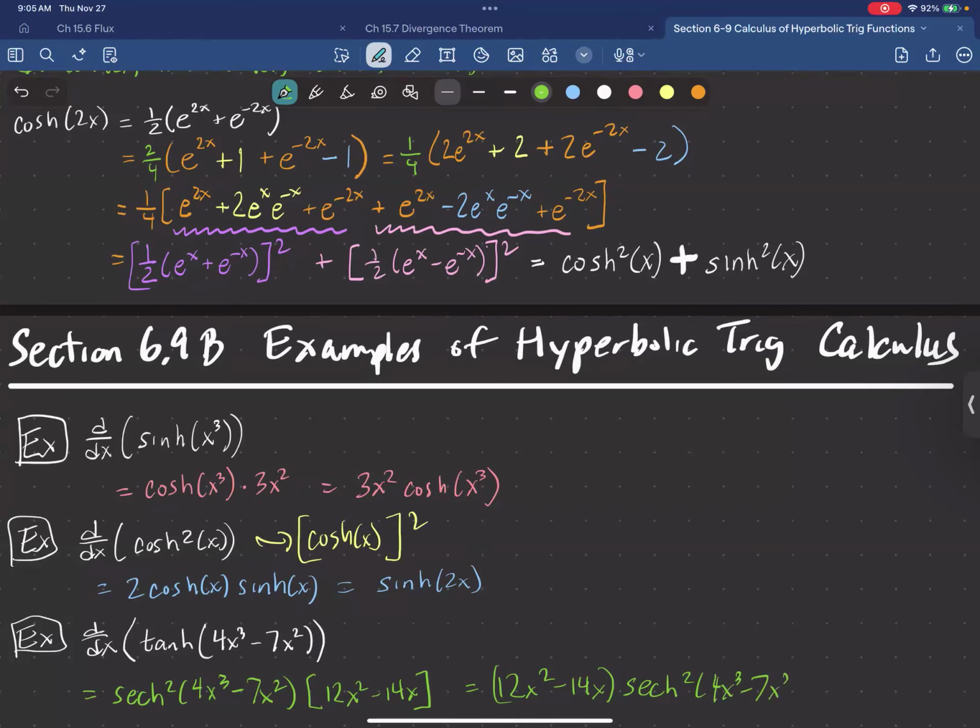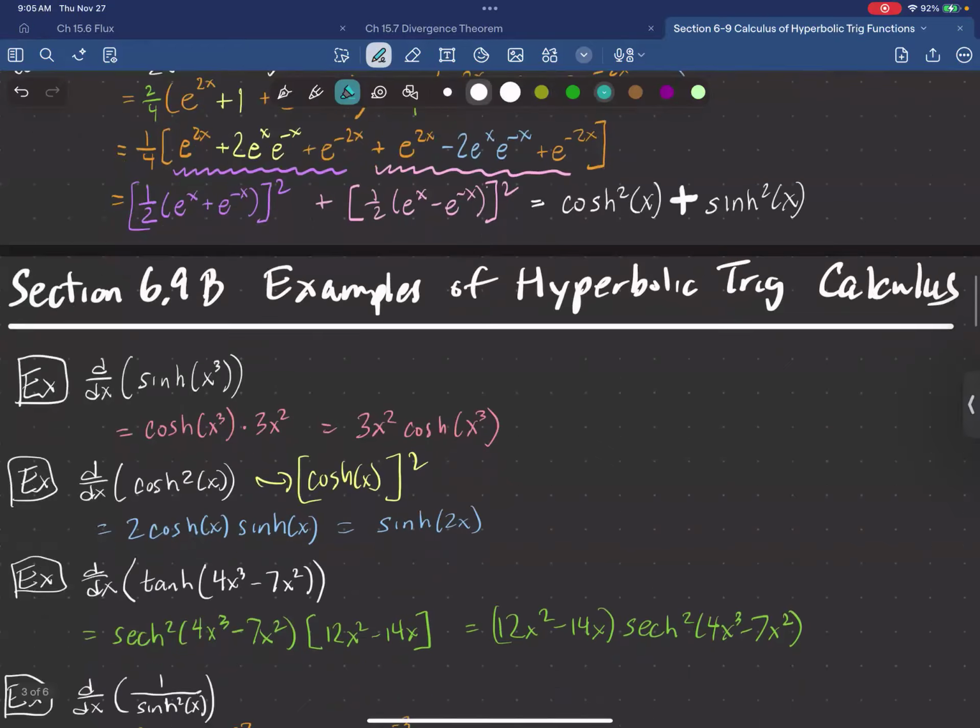But we do need to take the derivative of the inside, and the derivative of the inside is 12x squared minus 14x. So we have 12x squared minus 14x times hyperbolic secant squared of 4x cubed minus 7x squared.